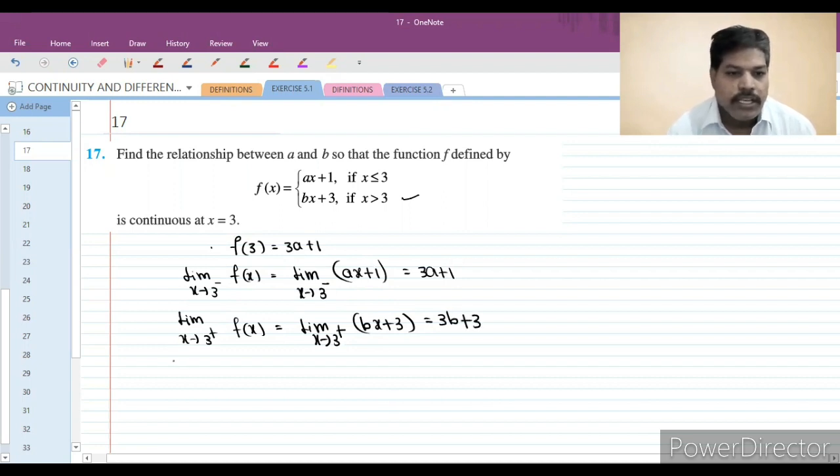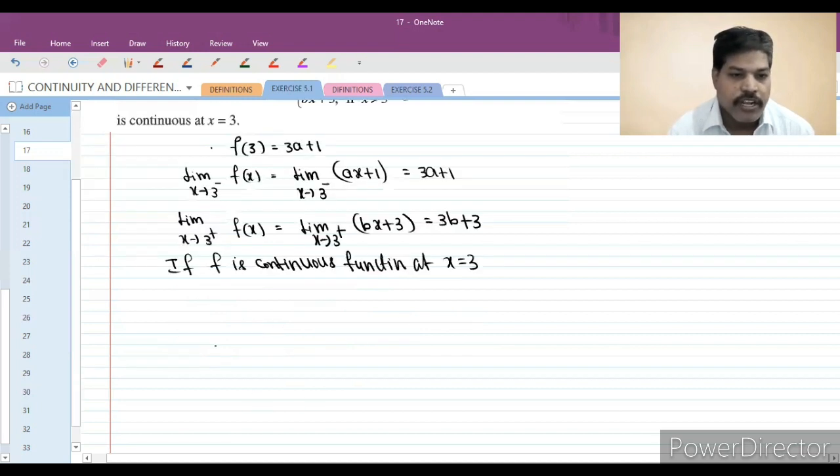So if f of x is a continuous function at x equal to 3, then what happens, students?